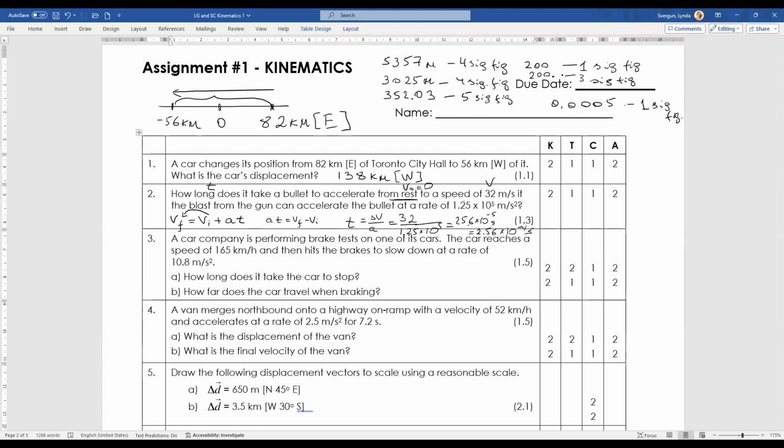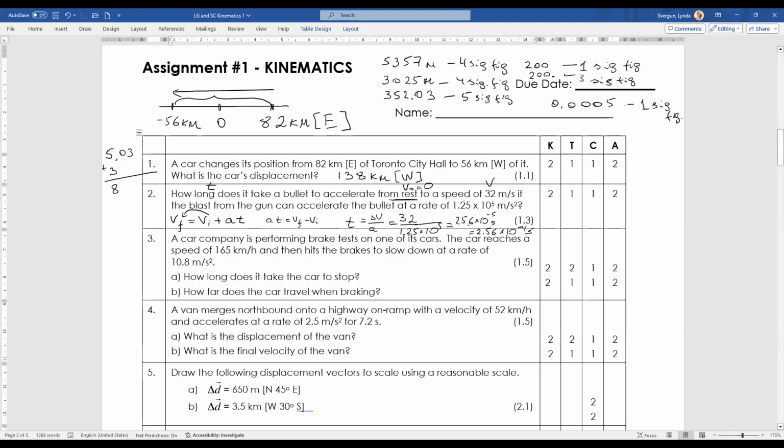Okay, the operations. When you add and subtract numbers, for example 5.03 plus 3, you keep the smallest amount of decimals at the end, the least precise.